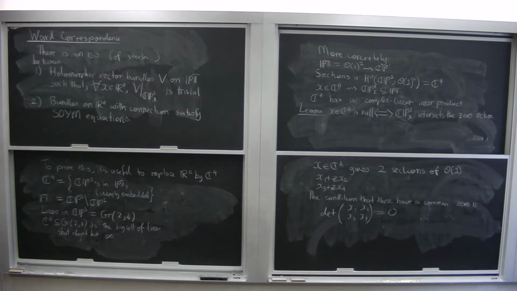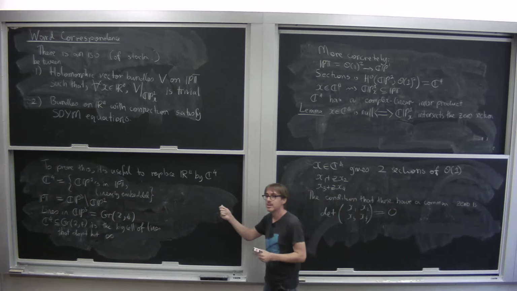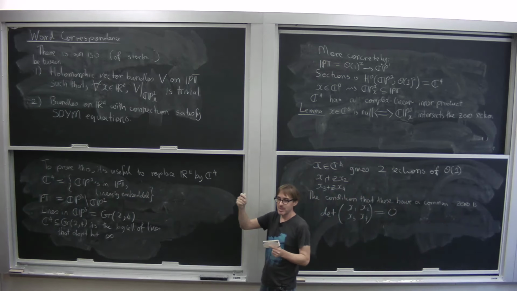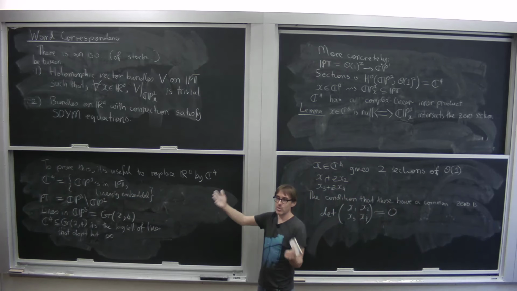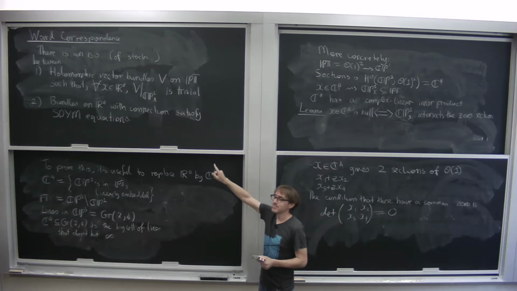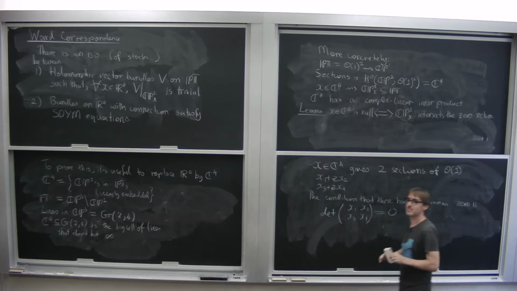In rank 1, you can write it in terms of H1 of O, but then instead of H1 of O(-2), there's an exact sequence relating H1 of O and H1 of O(-2). Would you like to write that out?